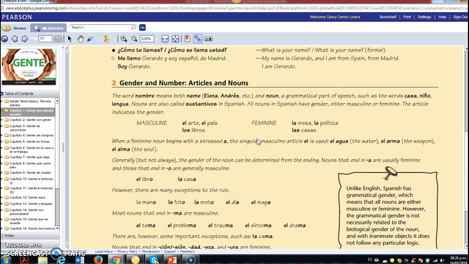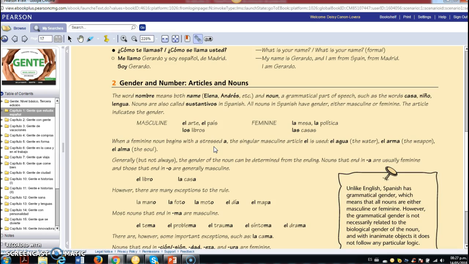And as I explained before, the articles are in agreement with the noun, if this is masculine or feminine, singular or plural. Okay, so please read this information that is really important.